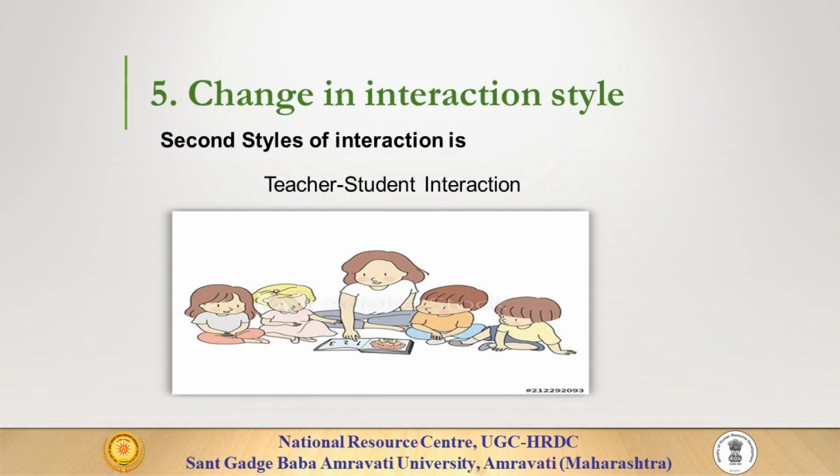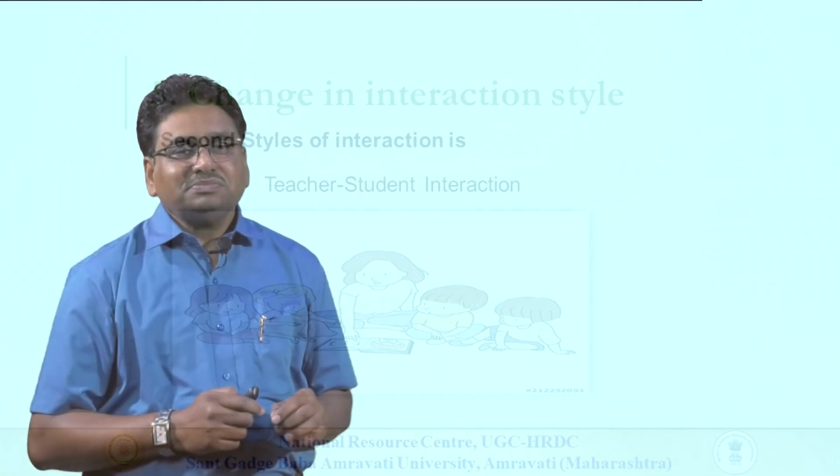The second style of interaction is teacher-student interaction. In this style, a teacher sometimes interacts with the class as a whole, sometimes with a subgroup in the class, and at other times with individual students in the classroom. The third style of interaction is student-student interaction.